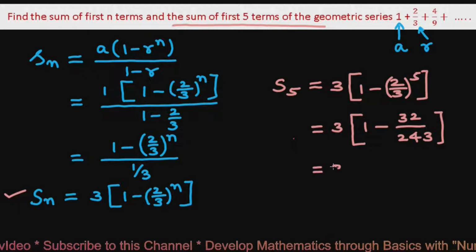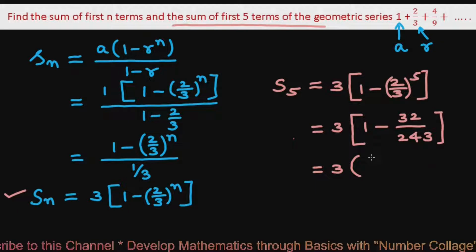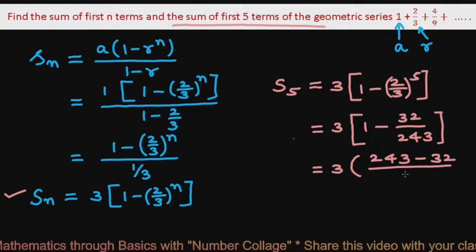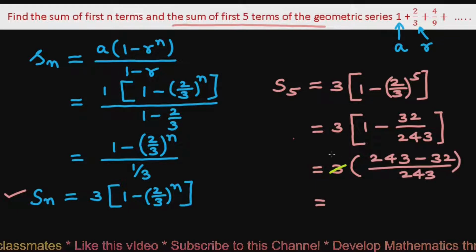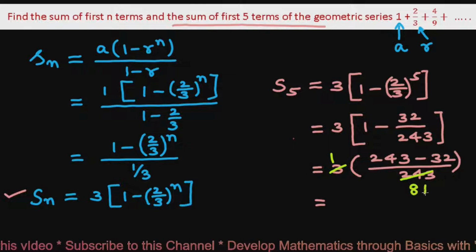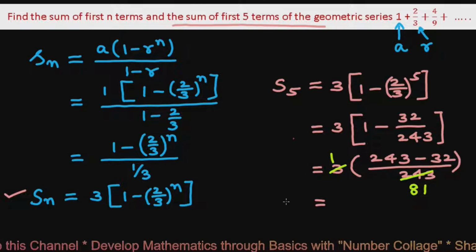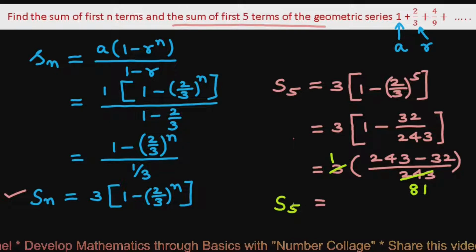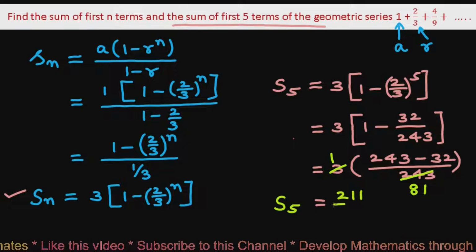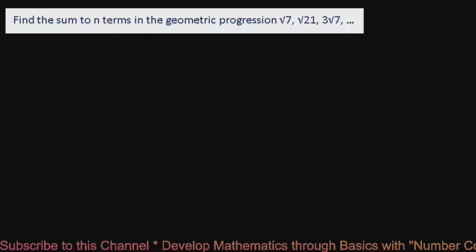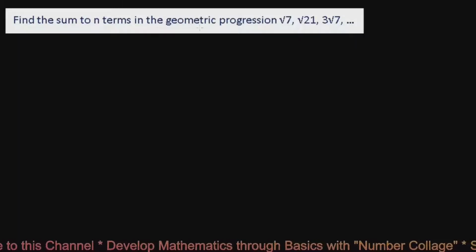That will be 3 times 243 minus 32 upon 243. Now 3 ones are 3, 3 eights are 24, and that gives us sum of first 5 terms S5 equals 211 upon 81.